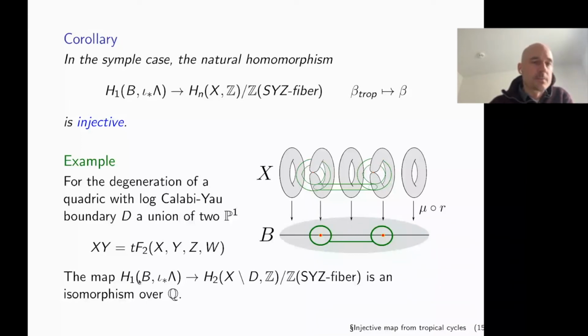So the tropical cycles have rank 1, generated exactly by the goggle and its multiples. A priori it maps to H2, but it actually maps to H2 of the complement of this boundary divisor D, so X minus the divisor D, and it generates that. If you then kill the SYZ fiber again, that has rank 1. Okay, it's an isomorphism with this H1 downstairs. There may be torsion, but after tensoring with Q, it's an isomorphism. And we know this from the pairing, so it's very useful to have this pairing.